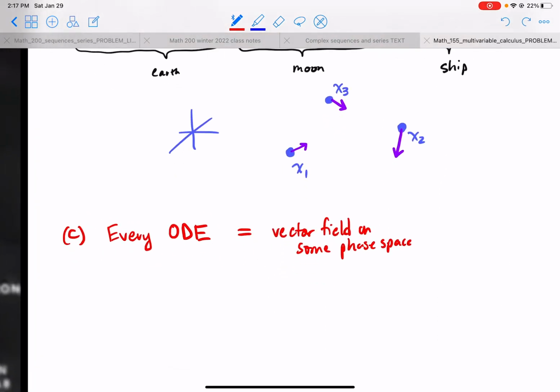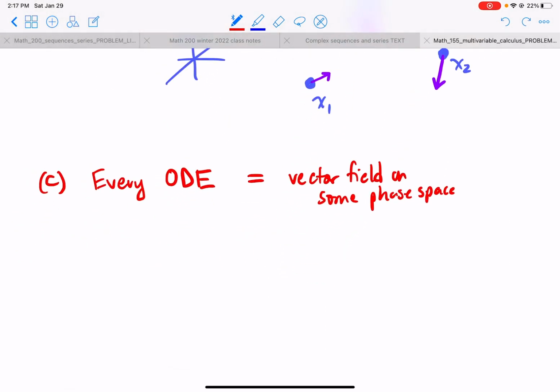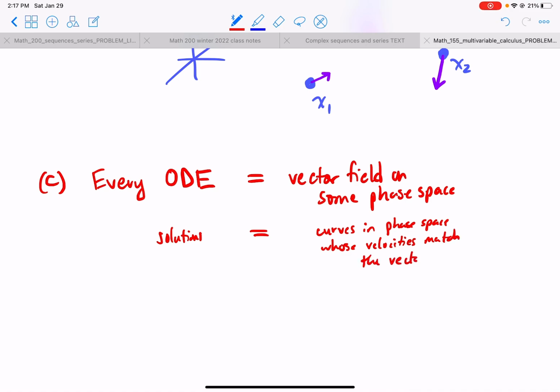Solutions of the ODE become curves in phase space whose velocities match the vector field. And this is just a rephrasing of an ordinary differential equation.